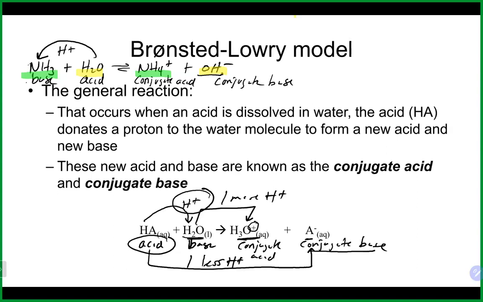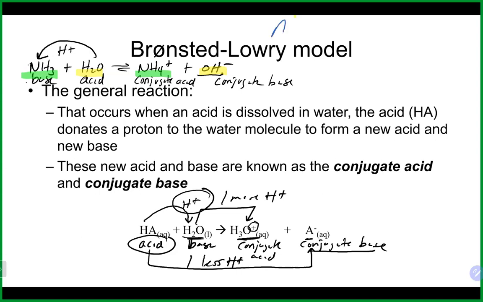Now, this brings up an important concept. In the top reaction, the water was the acid. Bottom reaction, the water was the base. There are things, and water is one of those, that can act as an acid or a base. And those things are what are referred to as being amphoteric.